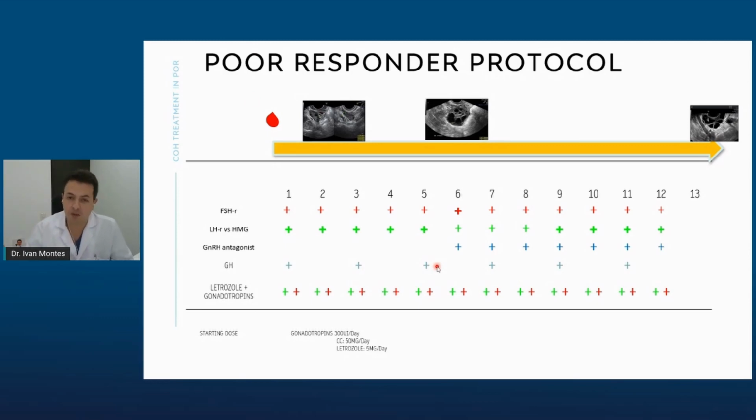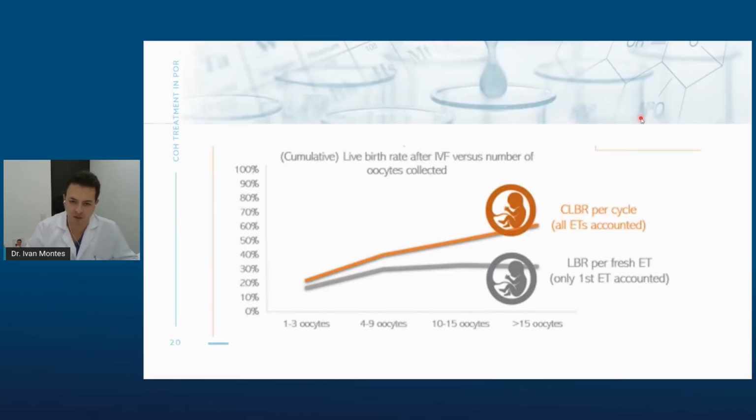But in case you cannot do this ultrasound, it would be better to start the GnRH antagonist on the 5th or 6th day in a fixed protocol. We would do another ultrasound until we have the eggs ready for extraction, and then we would do the trigger using HCG, recombinant or normal. It doesn't matter, because the risk of hyperstimulation is very, very low in this type of patients.